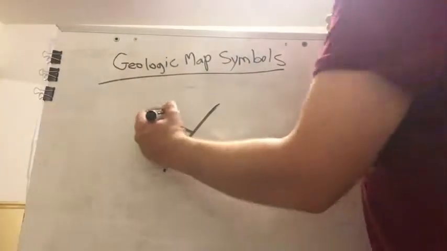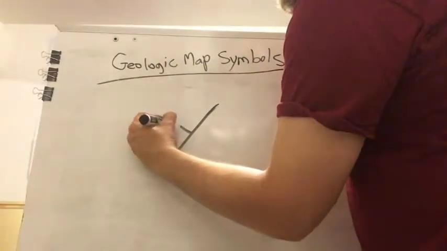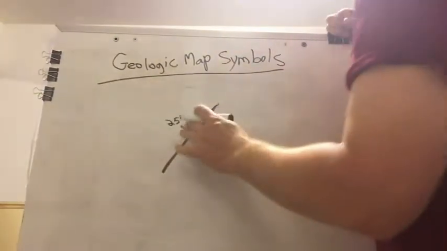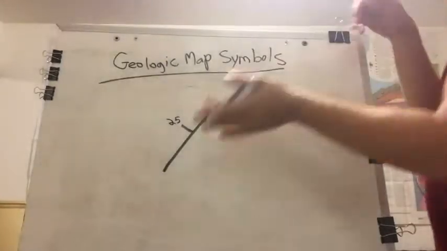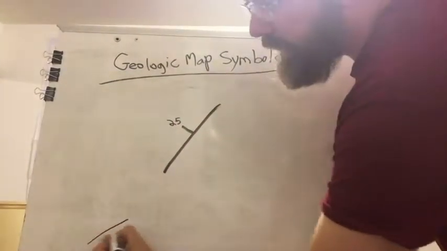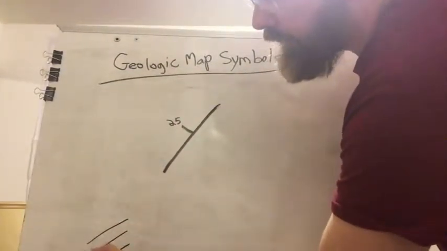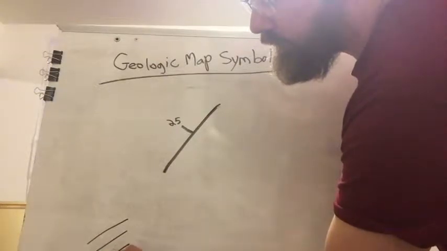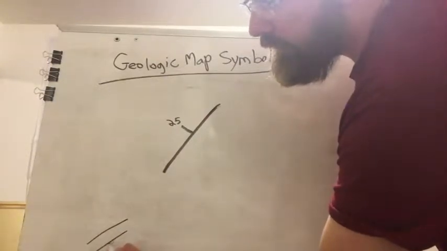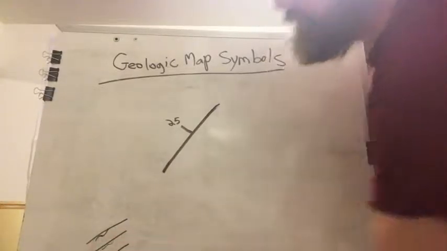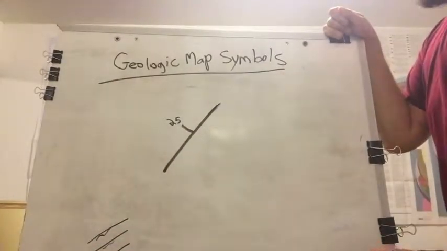So you'll measure your strike and dip and say it's 25 degrees, but you know this bed is overturned. So that dip isn't 25, your beds aren't 25 this way. This isn't your top. This is your top, where I put the squiggly lines.